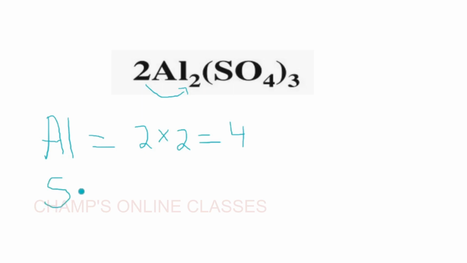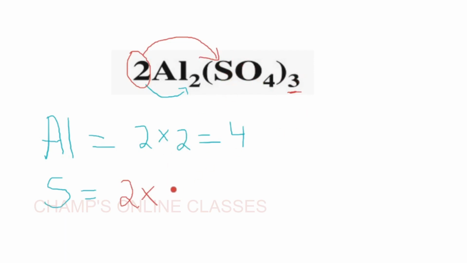Sulfur: we know the coefficient is multiplied with each and every atom in the formula. So 2, the coefficient. Now the subscript which is outside the bracket goes for each and every atom inside that bracket. So we have a sulfur atom and we have an oxygen atom.